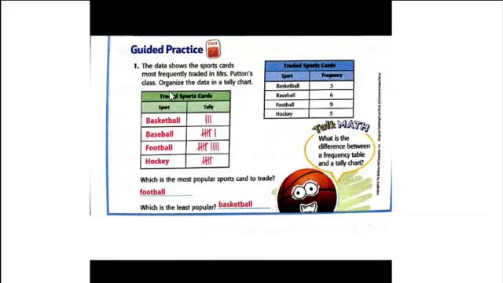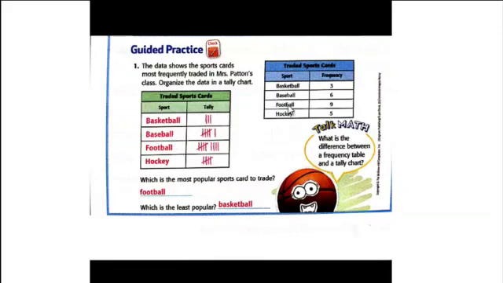Okay? The second chart is called a tally chart. This chart is divided into two columns. The first column is called sport. Sports like basketball, so right here basketball. And second sport, baseball, so right here baseball.